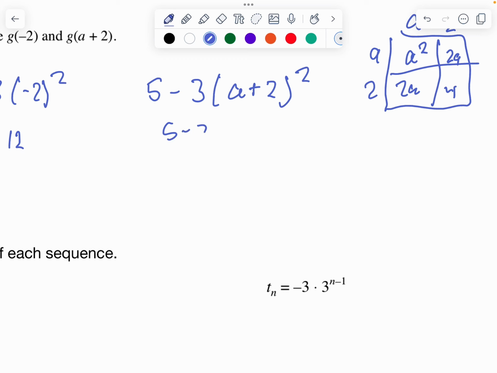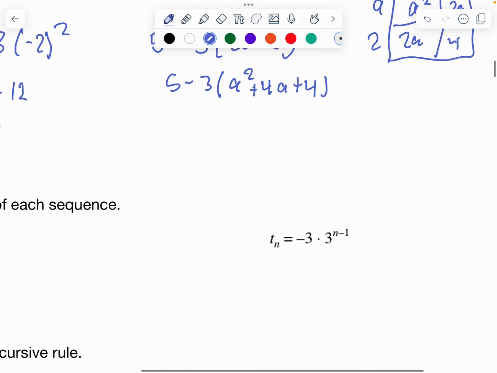So we got 5 minus 3 times (a squared plus 4a plus 4), multiplied by -3: 5 minus 3a squared minus 12a minus 12.